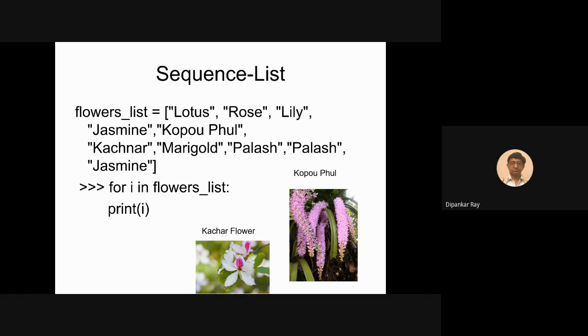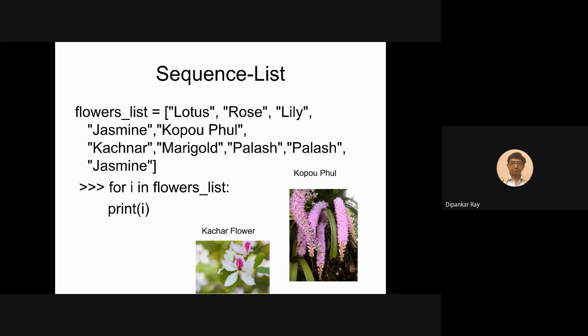Now see, I make a sequence, a list of strings, flower list: rose, lily, jasmine, lotus, marigold, polash, jasmine. So this is the list of flowers. Now you see, polash is there twice.